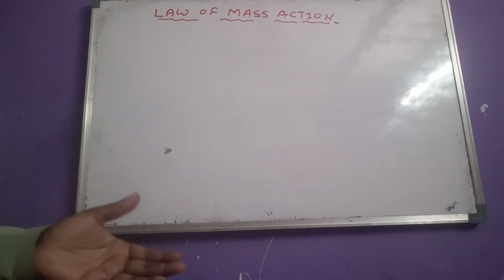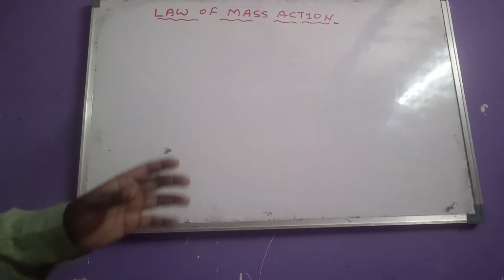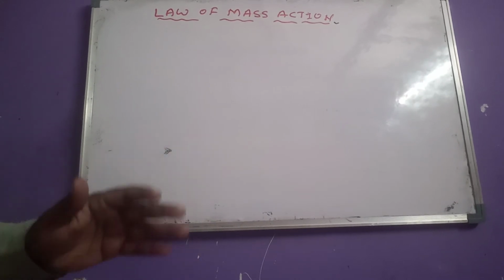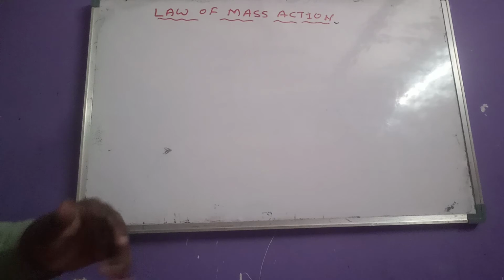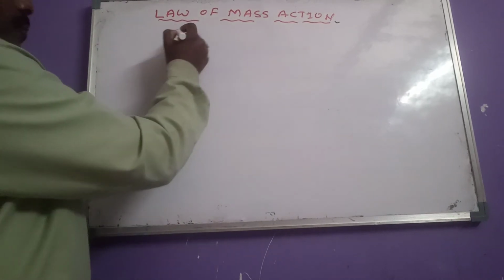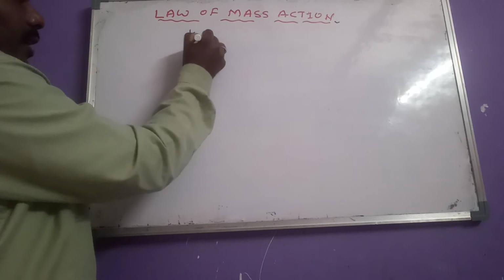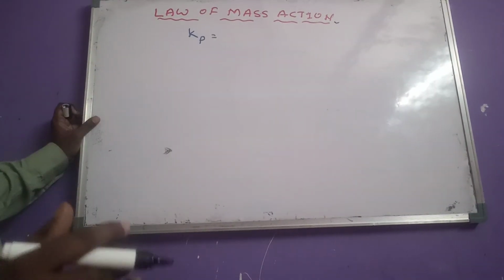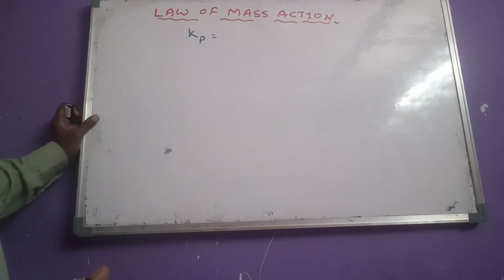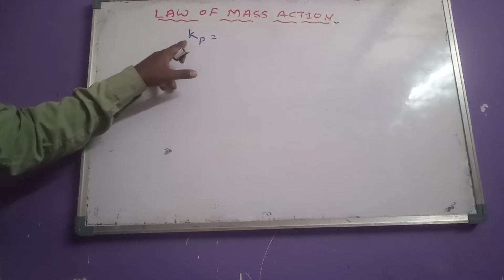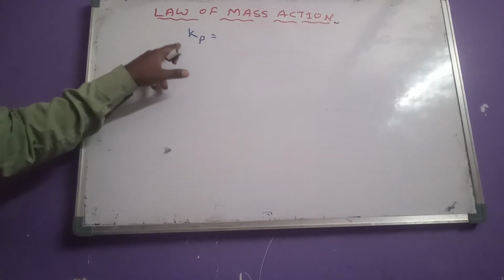But before going to learn that, if partial pressures are given for reactants and products, how do we express the equilibrium constant? If partial pressures are given in the reaction, we can express the equilibrium constant with Kp.